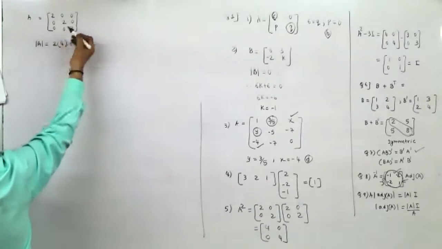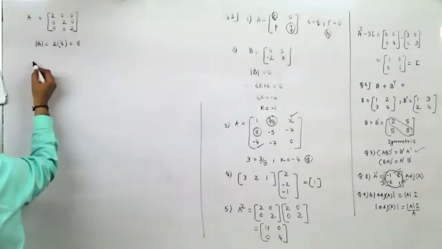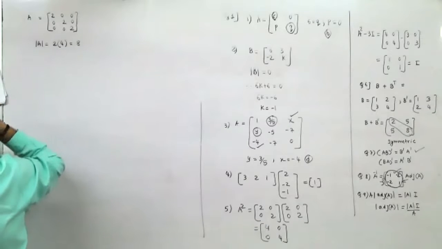Or I can say 2 into 2 into 2, that is 8. Now I'll find the adjoint.